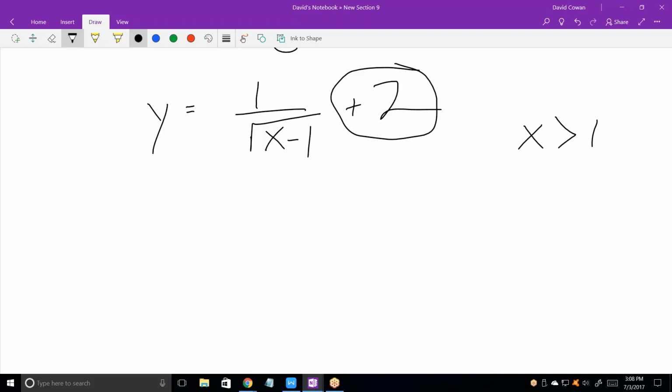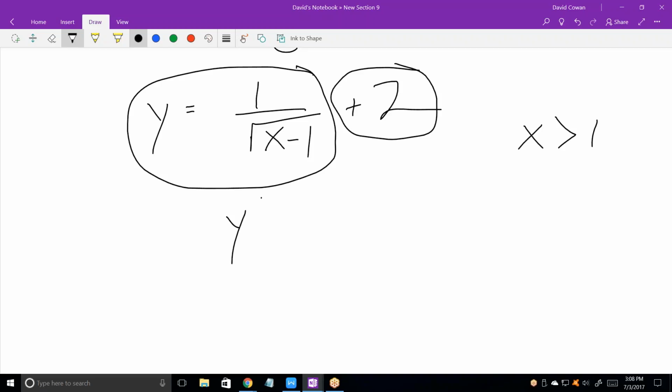But I do change the range. Think about what the range was there. The range was y has to be greater than 0. The y could never be a negative number, and it can never be 0, no matter what I make x.